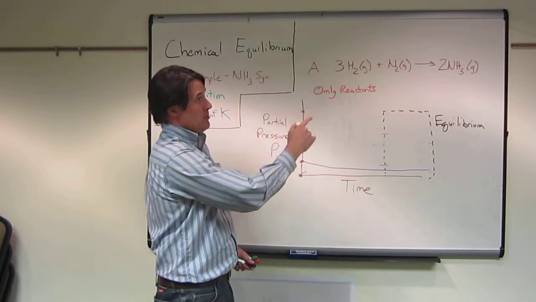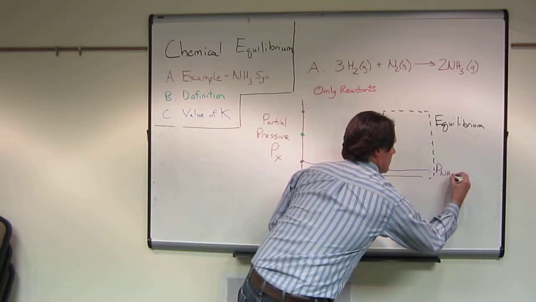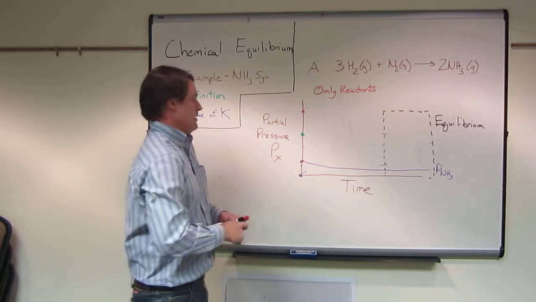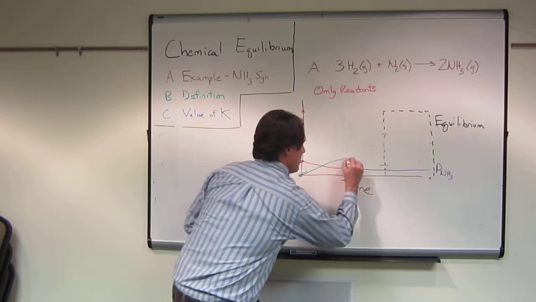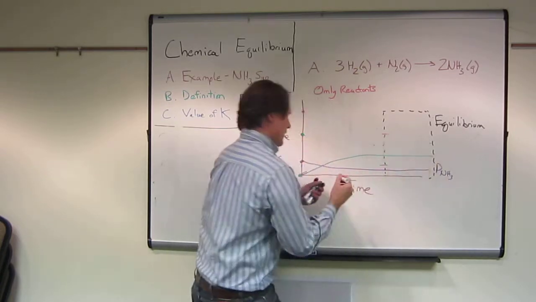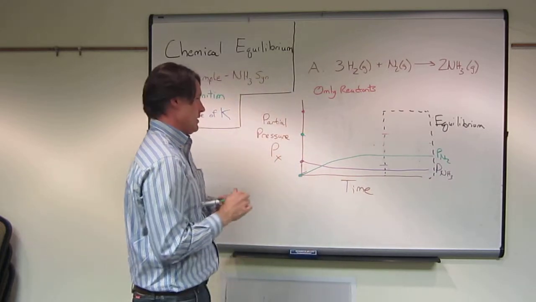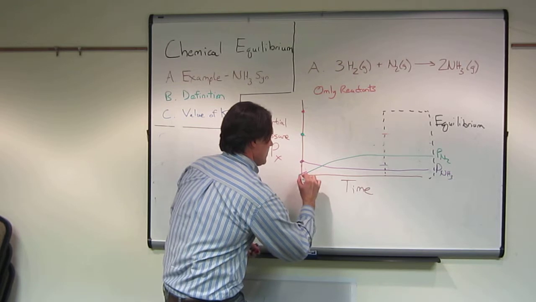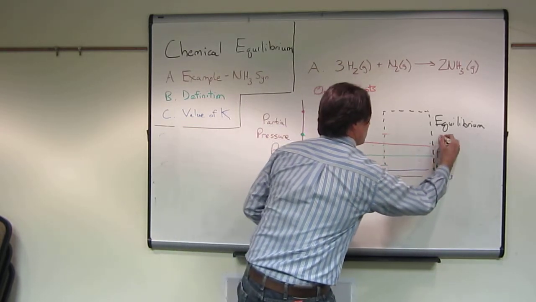Two ammonias will form 3 moles of hydrogen and 1 of nitrogen. So we'll start off with 0 nitrogen, and this will grow to a constant value. And the hydrogen will also be formed. And since it forms 3 equivalents, this will go to a higher level.